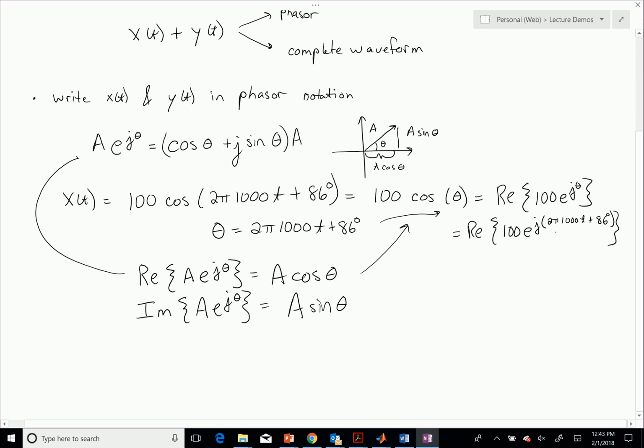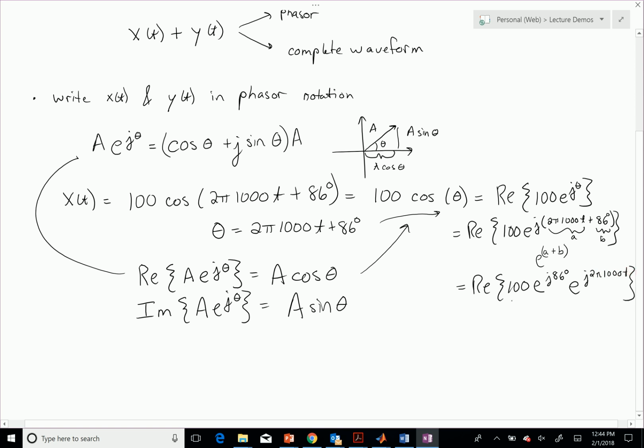And then I can say, well, this looks to me like e to the a plus b, where this term is a and this term is b. So I can rewrite this as the real part of 100 e to the j 86 degrees times e to the j 2 pi 1000 t.